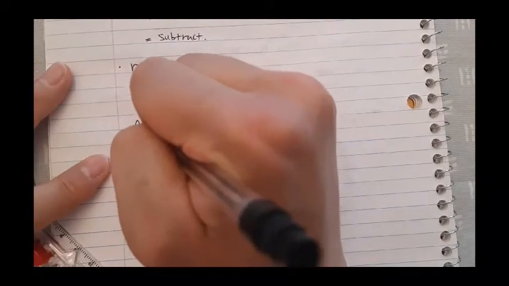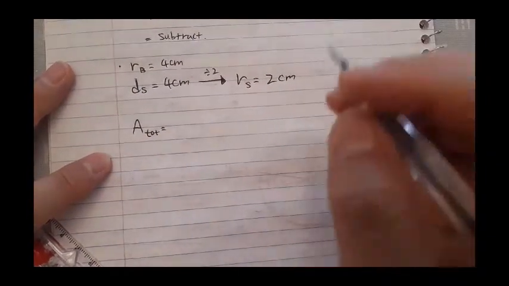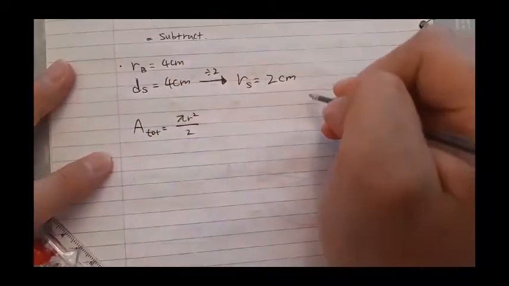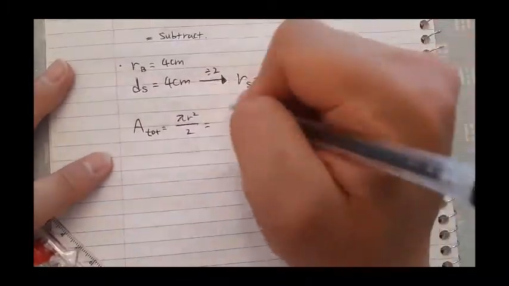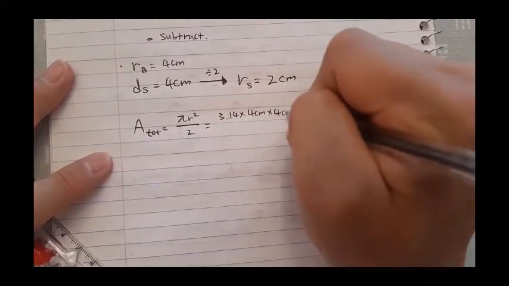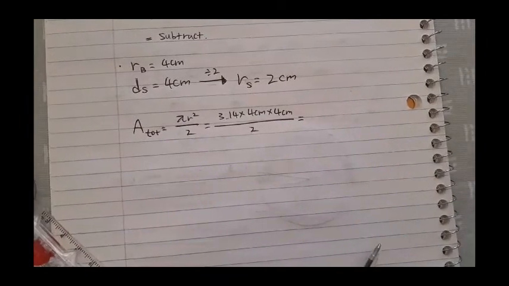Let's do the substitution. My total area before we subtract is pi r squared divided by 2. In fact, it's the bigger radius. So 3.14 times 4 centimeters times 4 centimeters divided by 2 is what you need to do.